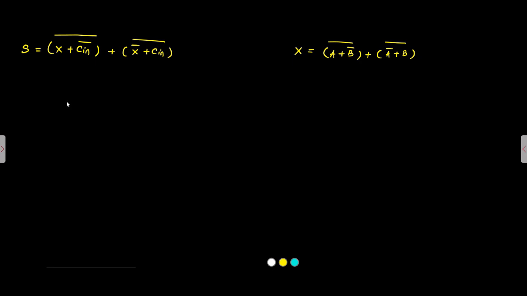So here we'll take A and then B. Then we'll get A bar, then we'll get B bar.